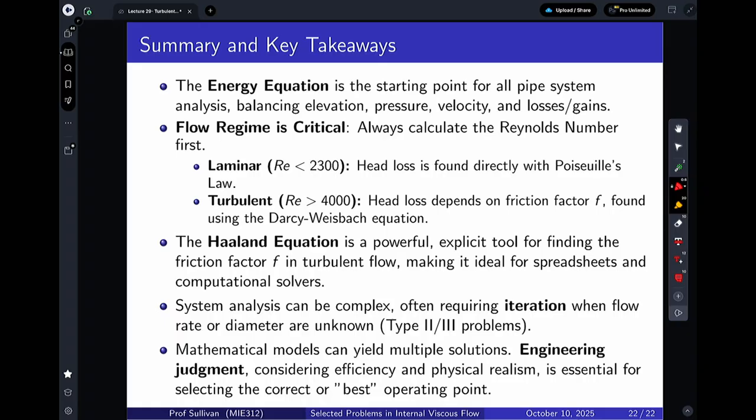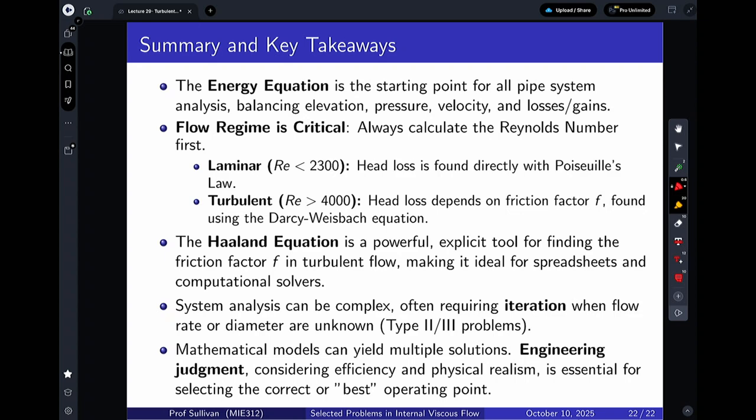And you can find the head loss directly from Poiseuille's law for laminar cases. For turbulent ones, you get the friction factor from the Darcy-Weisbach equations. In both cases, you're fitting everything through, and you're looking at different ways to solve things.